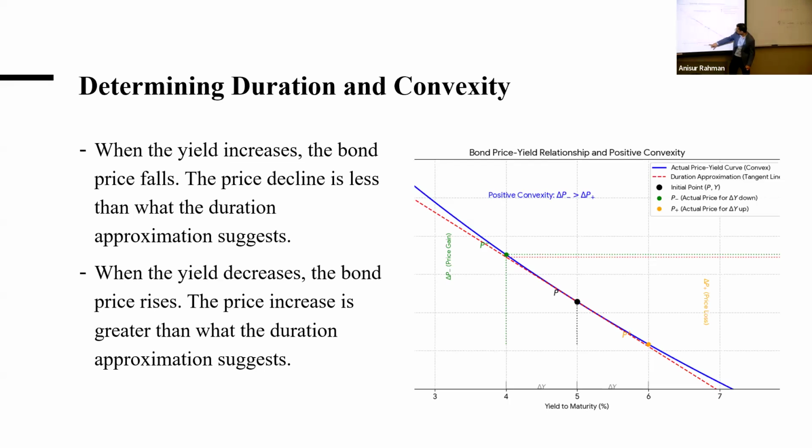What is the new price after the yield decreased? This green is the actual price on the blue line, isn't that right? But what is the price estimated by duration? The point perpendicular, right, on the red line.